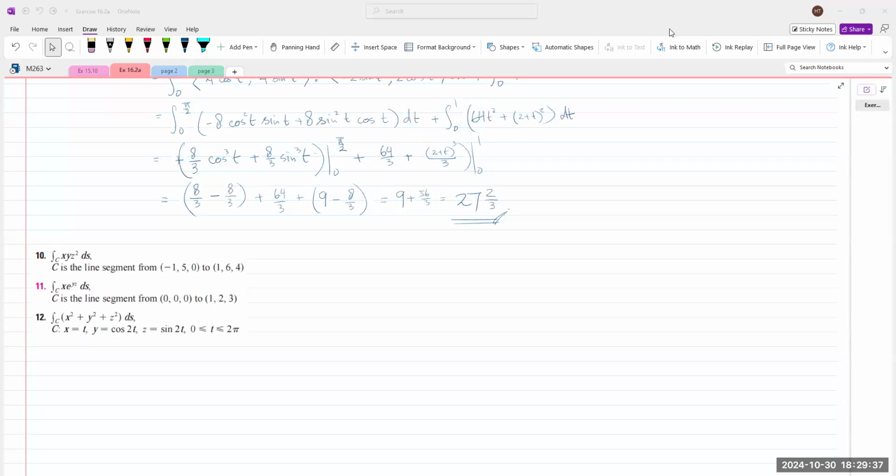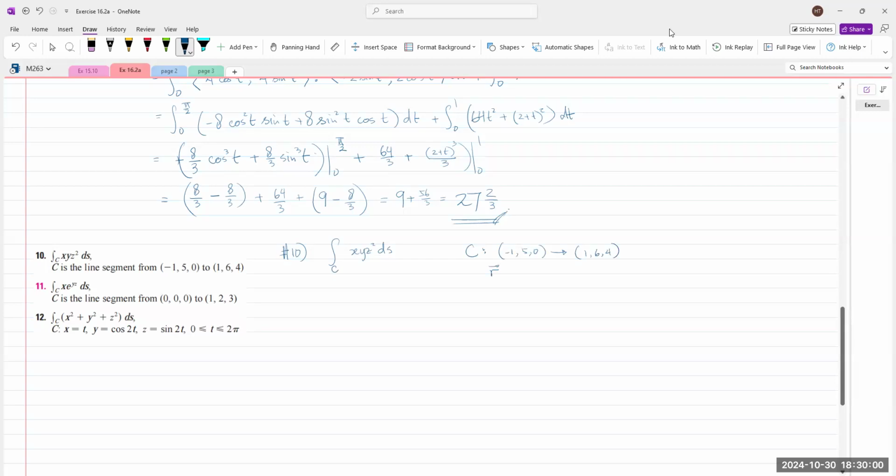Next, let's do number 10. Number 10, we have the integral over curve C of x y z squared ds, where C is the line segment from (-1, 5, 0), oh, this is three-dimensional, to (1, 6, 4).